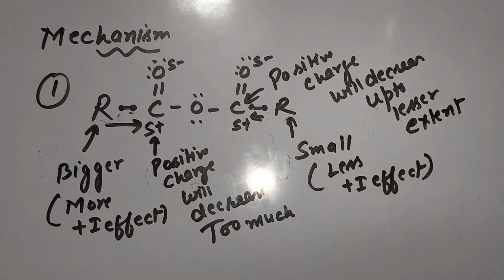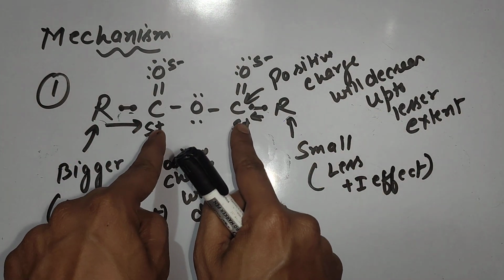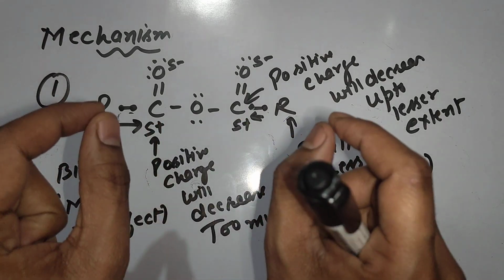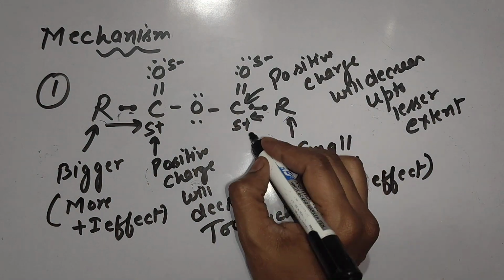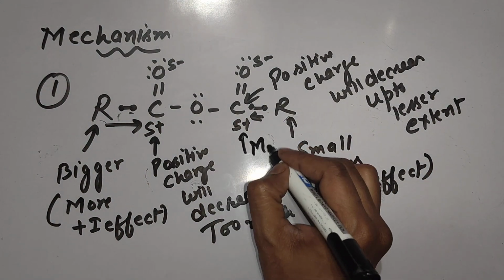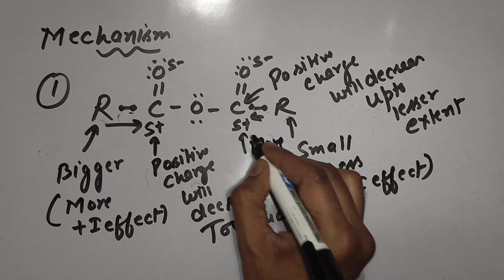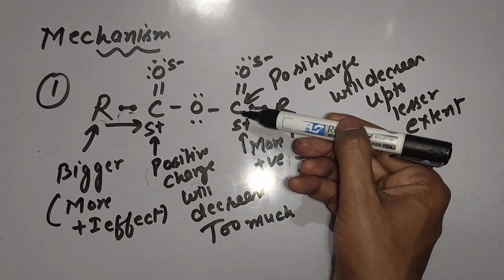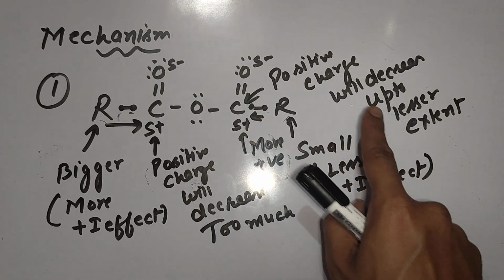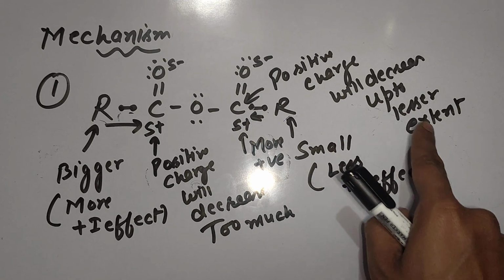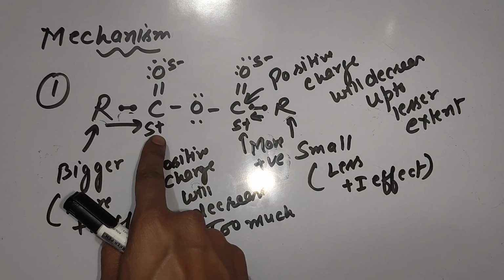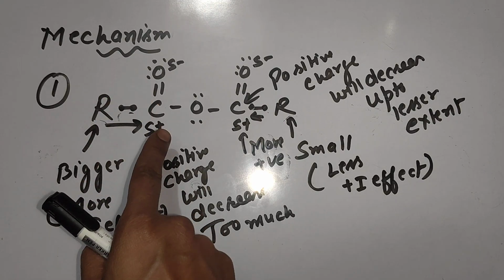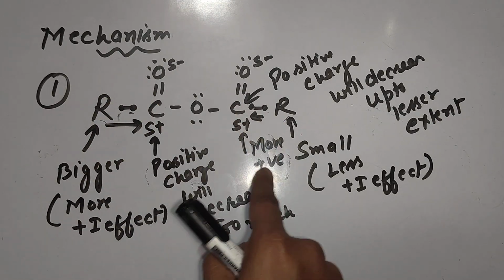This is the main function of the R group here. So out of these two carbons, which is more positive? This one will be more positive as compared to the other, because fewer electrons are coming toward it. Its positive charge is decreased to a lesser extent, and the other's positive charge is decreased to a large extent. So this is more positive.